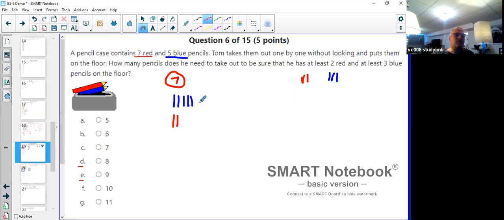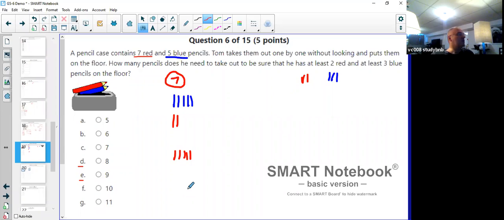So maybe it's 7, but what about the other way? What if I get 5 reds? That could happen, right? If I pick out 5, the first 5 could be red. What about the 6th one?